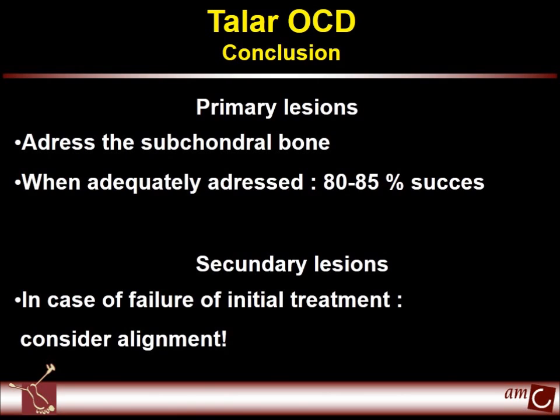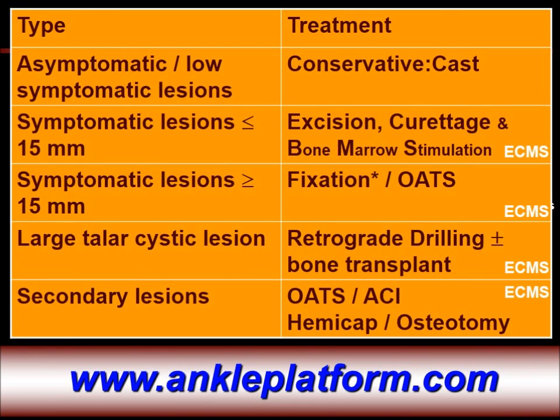So my conclusion, my treatment algorithm for osteochondral defect of the talar dome: asymptomatic lesions, conservative with a cast, for a period of 3 weeks. Symptomatic lesions with a diameter up to 15 millimeter, excision, curettage, bone marrow stimulation. Larger lesions, fixation or an OATS, but you can always consider the excision, curettage, bone marrow stimulation.